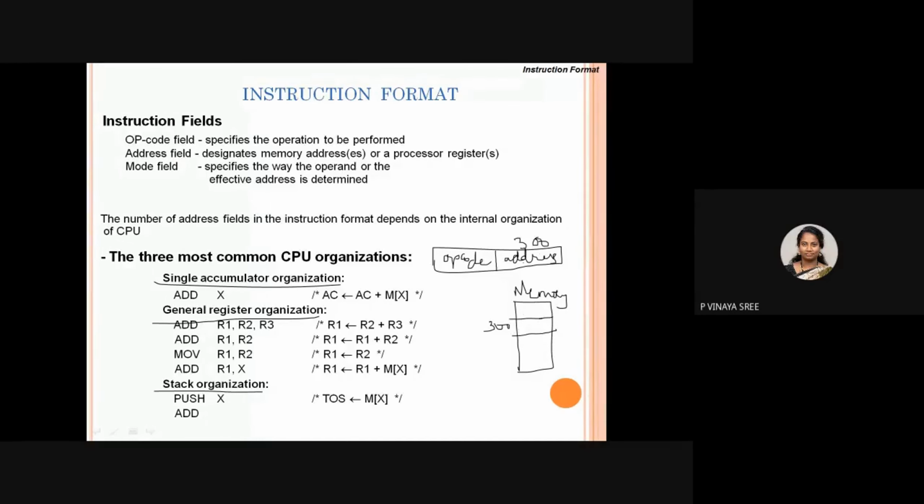I already explained the single accumulator organization, where one of the operands will be present in the accumulator. So here only a single address is mentioned, for the second operand.